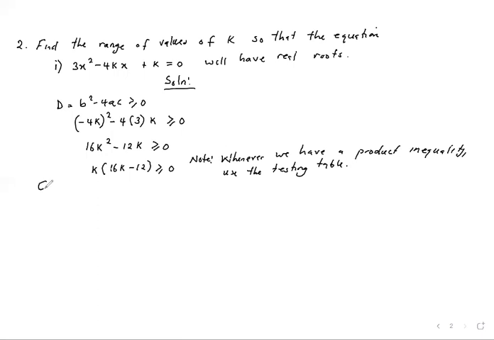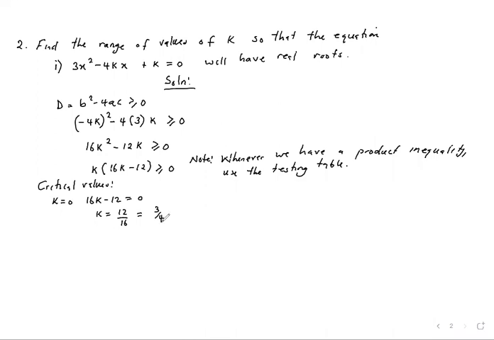So we need to get the critical values to go to the testing table by equating each piece to 0. So k is 12 over 16, which is 3 over 4.